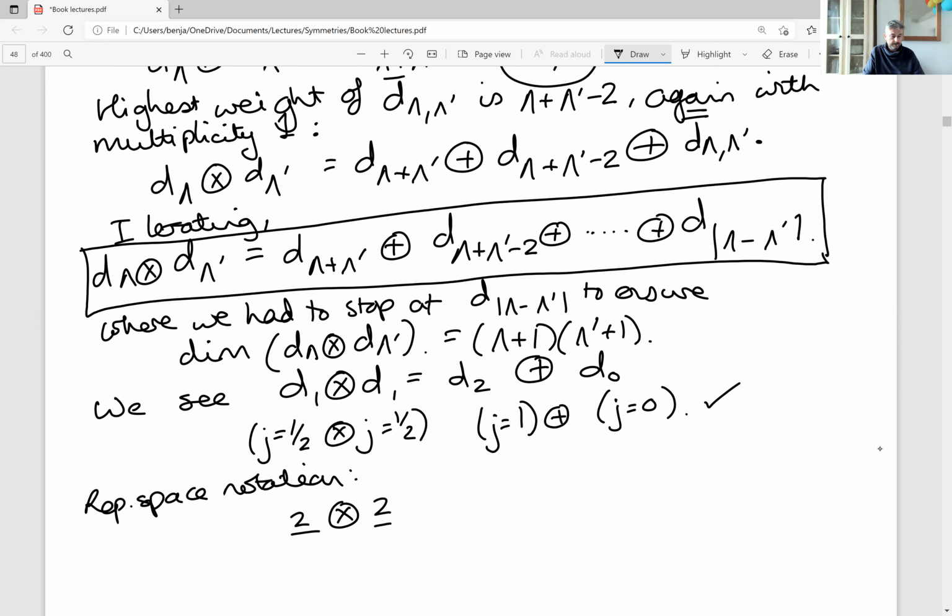So this is 2 cross 2 is equal to 3 plus 1. Remember, this is how the representation space tensor product works: it's the representation space both of the group and of the Lie algebra, and so this works for the group and the Lie algebra of the group.